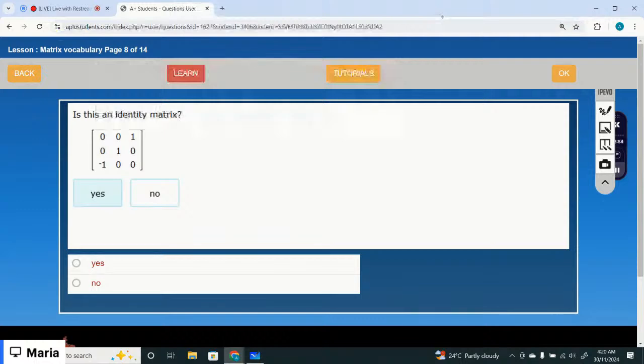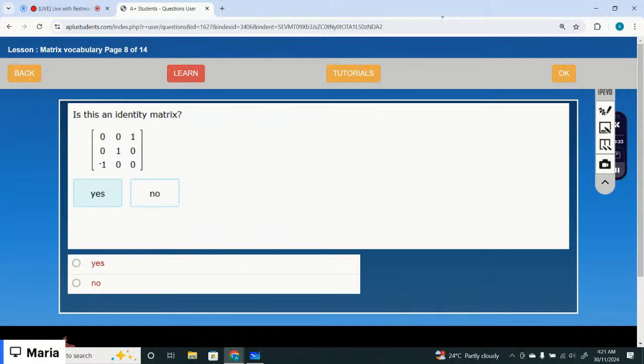Is this an identity matrix? The correct option is no, that is not the identity matrix because there you have a negative sign.